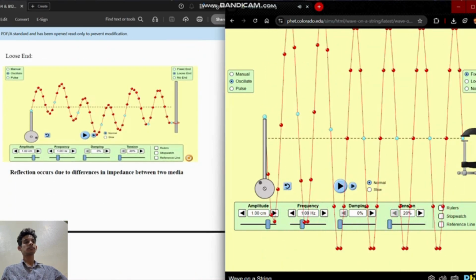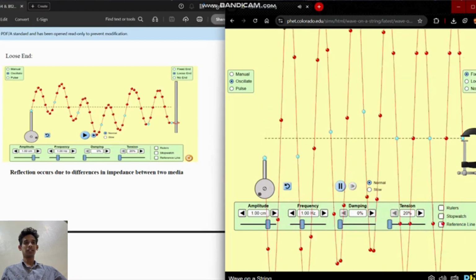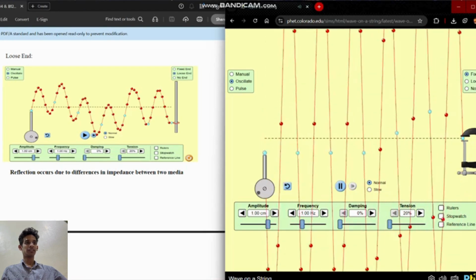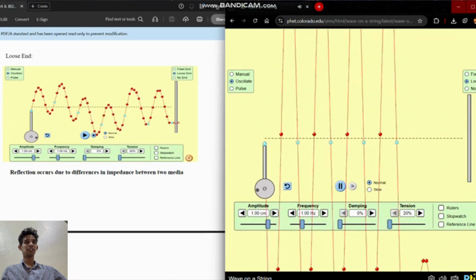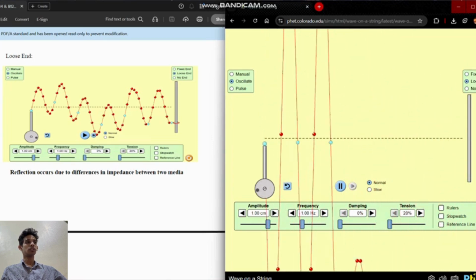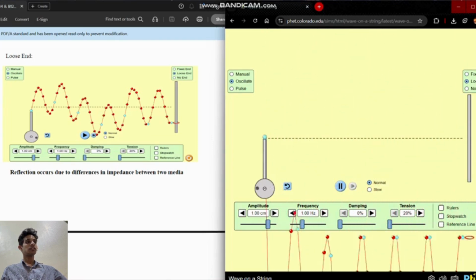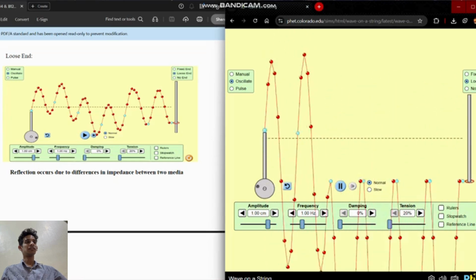Okay, we move to the loose end, the final one. I am explaining my part here. The reflection occurs due to the difference in impedance between the two media. I will run it for you, so I have to set it to the loose end, and you can see the difference here.